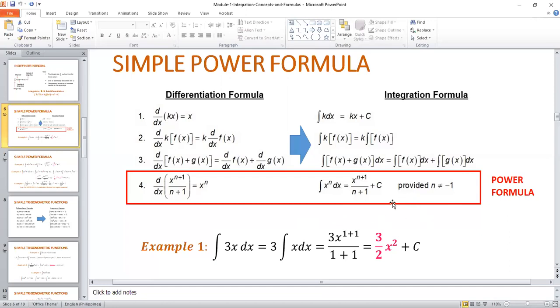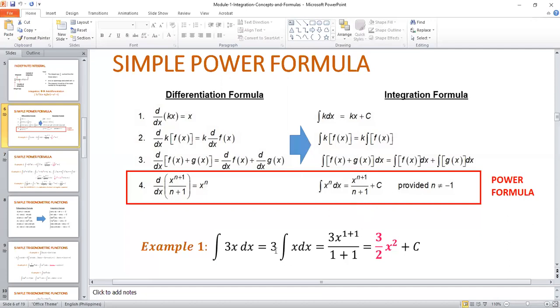You'll be given a different formula to use if your n, the exponent of your function, is -1. So you can use it for any n as long as it's not -1. So as an example, you have here, example 1 using this one, number 2, and the power rule.